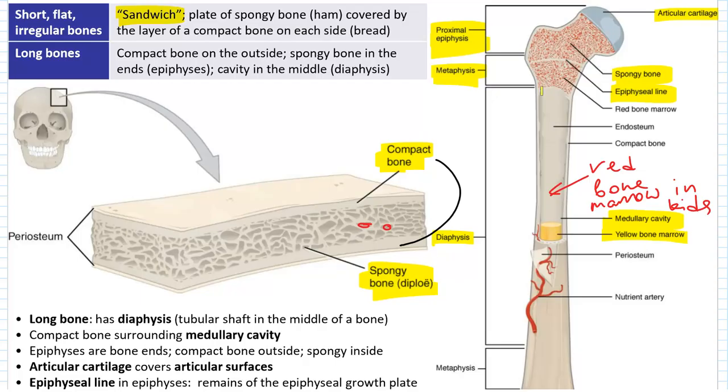So when a doctor needs bone marrow to carry out a bone marrow transplant, they take it from the leg, the femur. Why? Because it's big. There's a lot of bone marrow. That's the only reason. It's easy to access. It's big. You're not going to miss it. It's very painful.